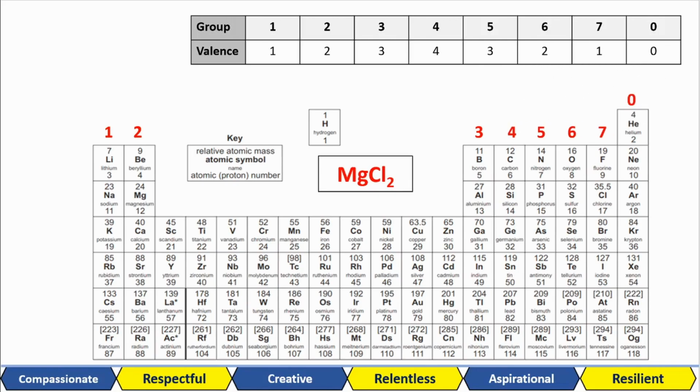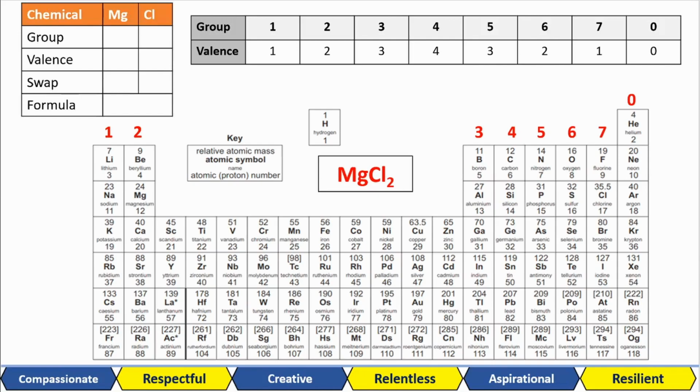This is how I like to lay out the steps. First, I like to write down the group that each element is in. Magnesium is in group 2 and chlorine is in group 7. Then I use the valence table to write down the valence of each. 2 for magnesium and 1 for chlorine.